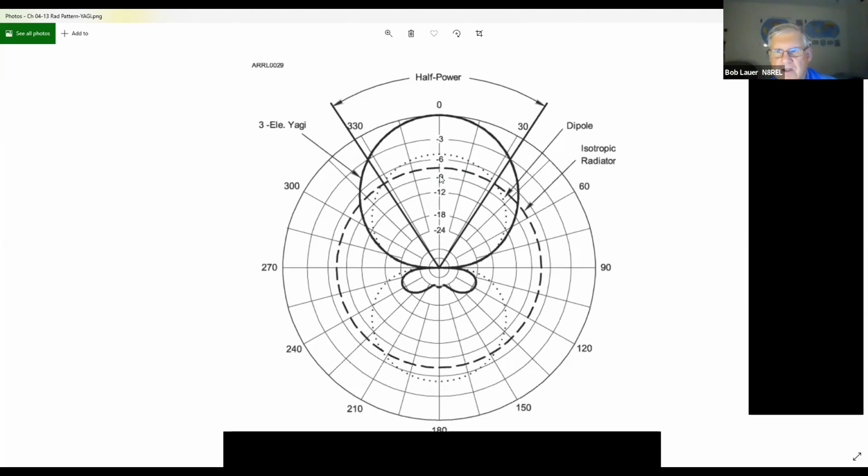And while we're here, let's talk a quick second about decibels. Decibels are a logarithmic function. I was really good at logarithms when I was a junior in high school in 1965.